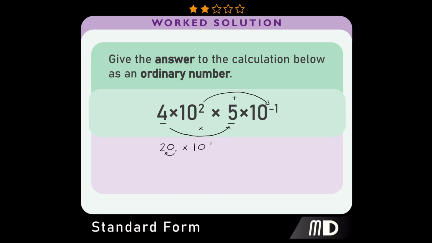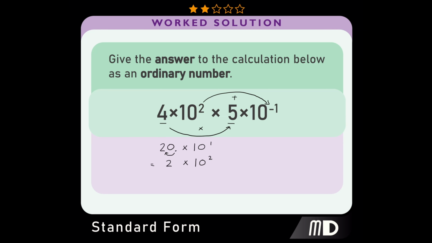That changes the 20 into a 2, but we need to increase the power by 1. So that gives us 2 multiplied by 10 to the power of 2, which is now correctly written in standard form.